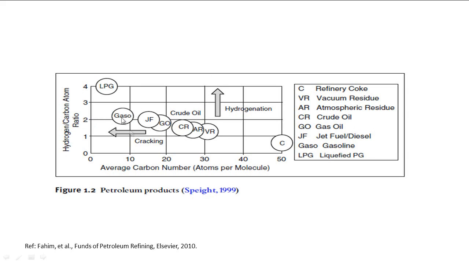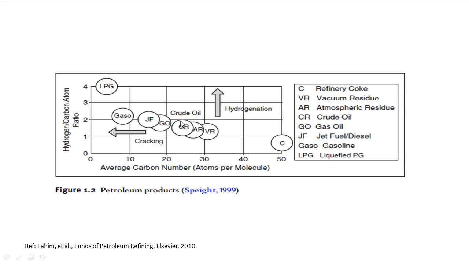So look at this diagram. You can see that there are two reactions that may be involved to produce more gasoline, which are cracking and also hydrogenation. So it means you try to put more hydrogen on the molecules of the crude oil composition to have a higher hydrogen to carbon ratio.